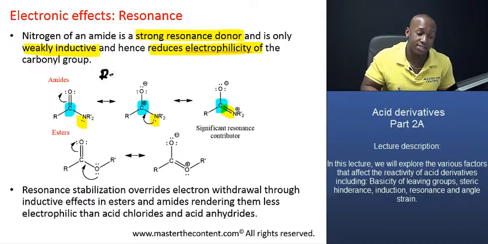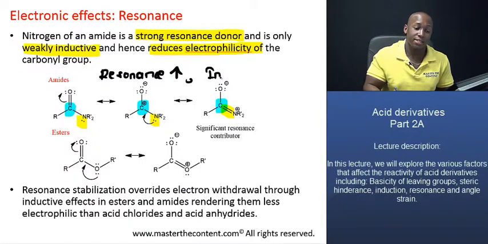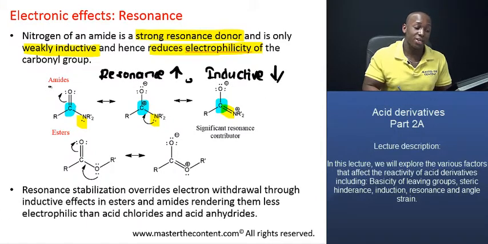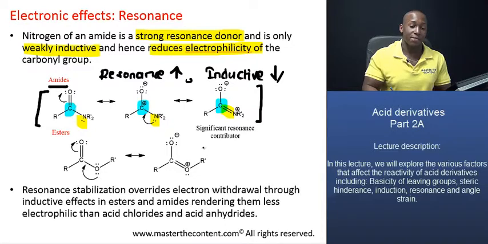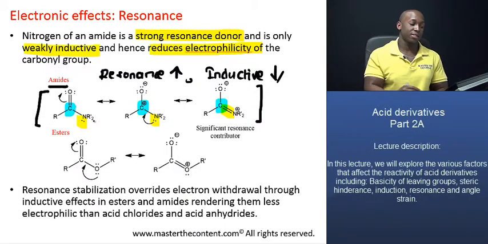So resonance stabilization is high and inductive destabilization is low. That is the reason why amides are very, very unreactive, because the resonance delocalization of electrons makes amides very, very stable and unreactive compounds.